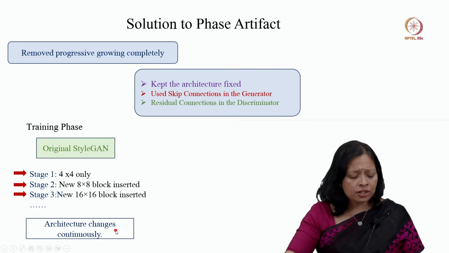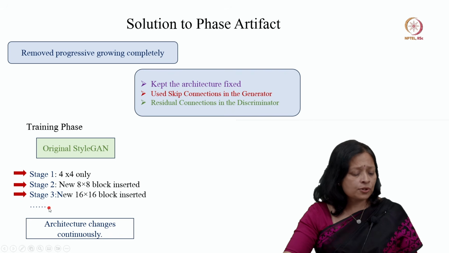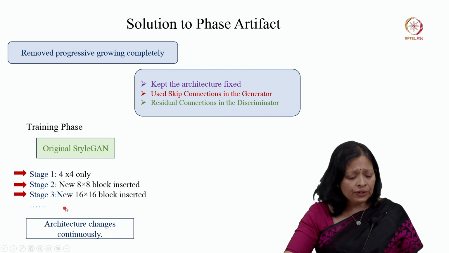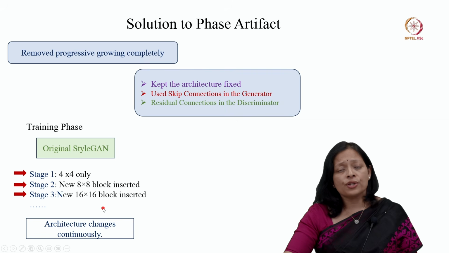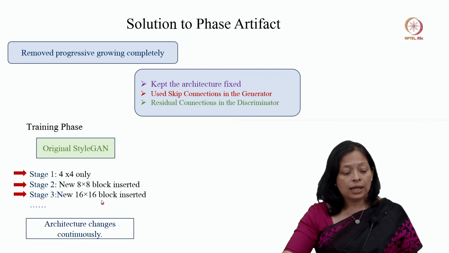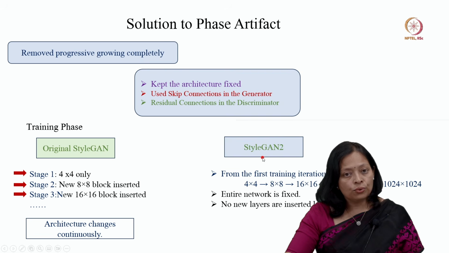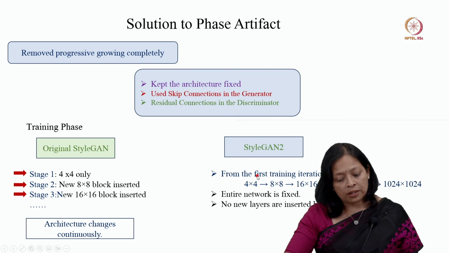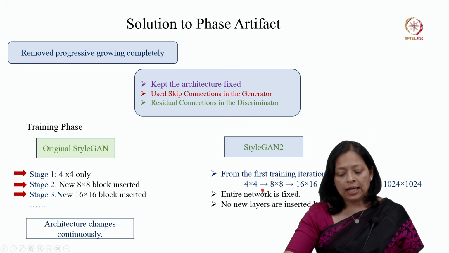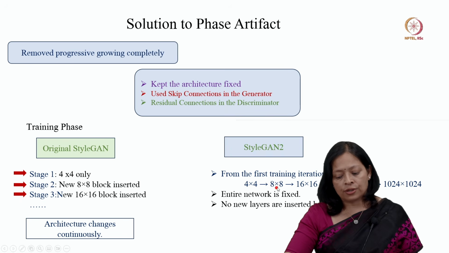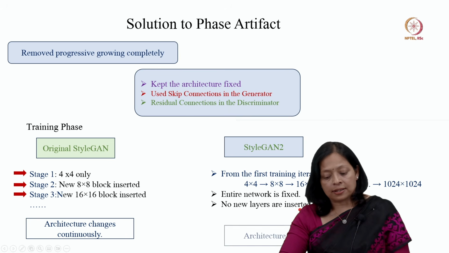The architecture changes continuously, and this keeps on going till we reach the 1024 cross 1024 resolution. This is the case in original StyleGAN, whereas in StyleGAN 2 what they have done is, from the first training iteration they have kept 4 cross 4, 8 cross 8, the entire network fixed. So, there were no new layers added later.